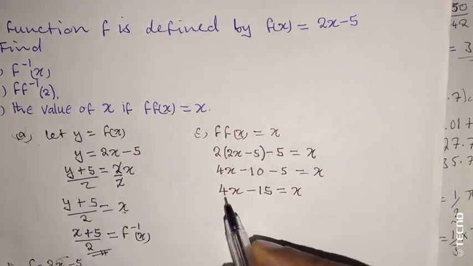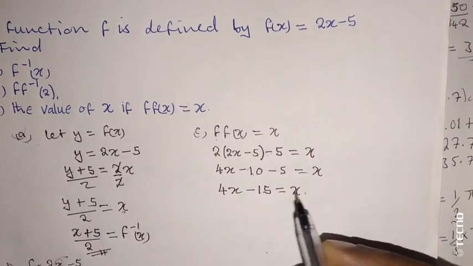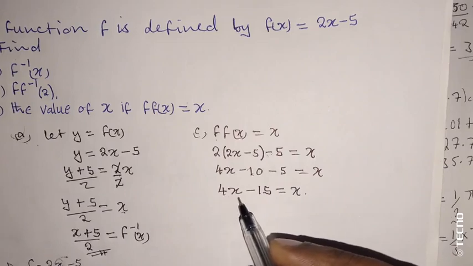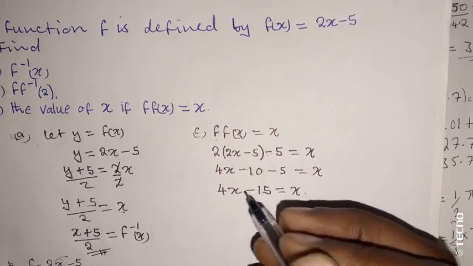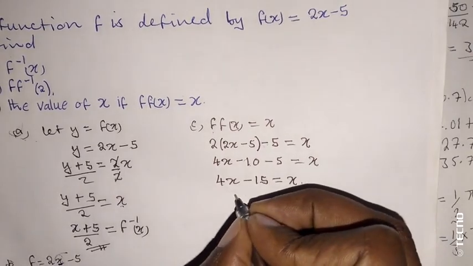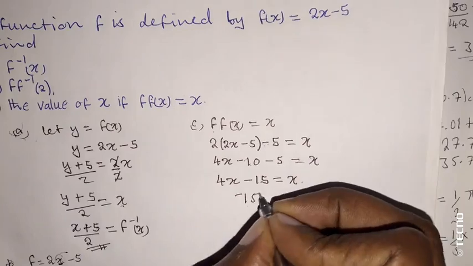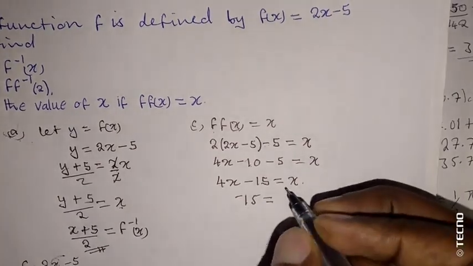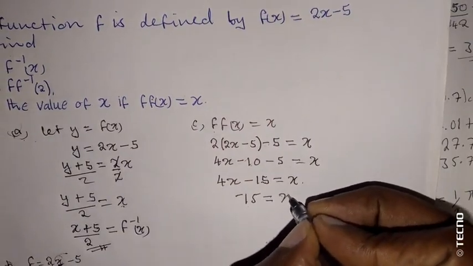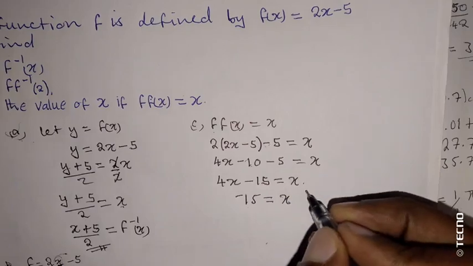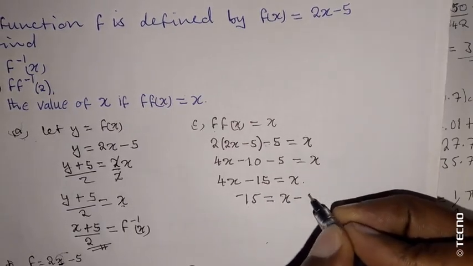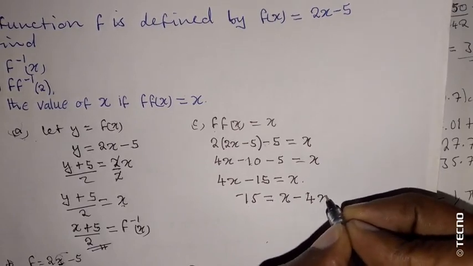We can transpose this to the other side, or find the additive inverse of 4x, which is negative 4x. So in this way, we'll just say negative 15 is equal to x here. Then this one, once it crosses the equal sign, it will be minus 4x.